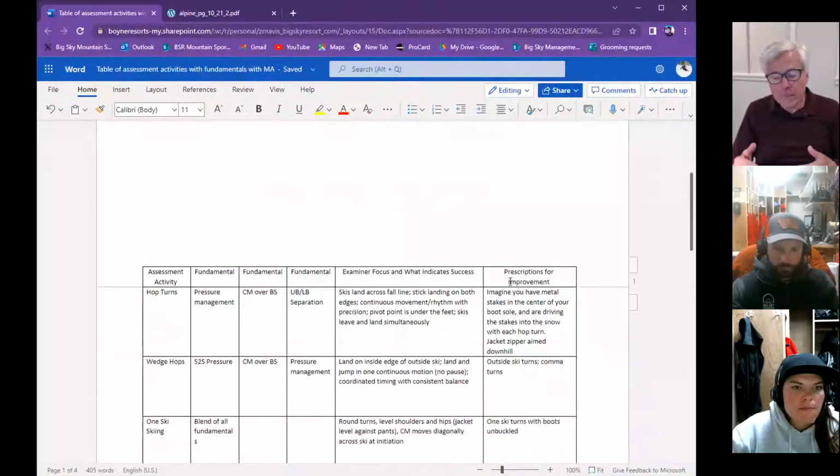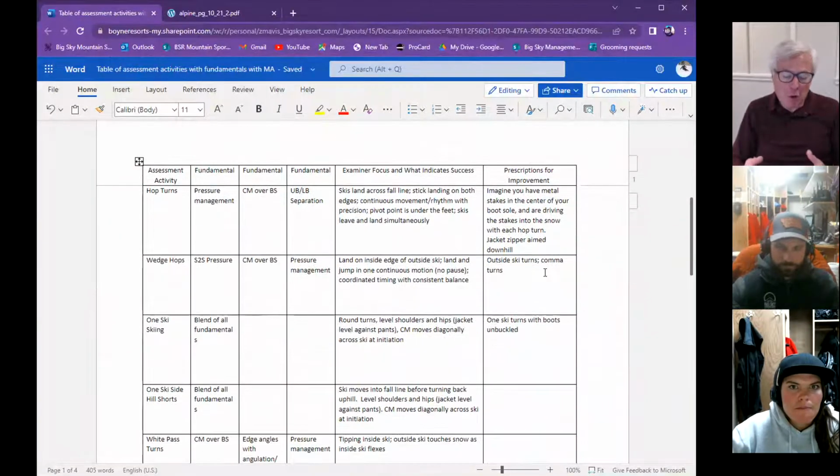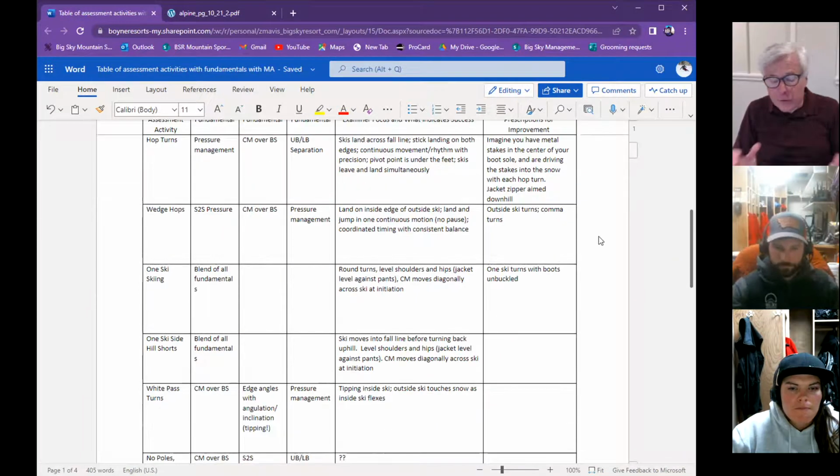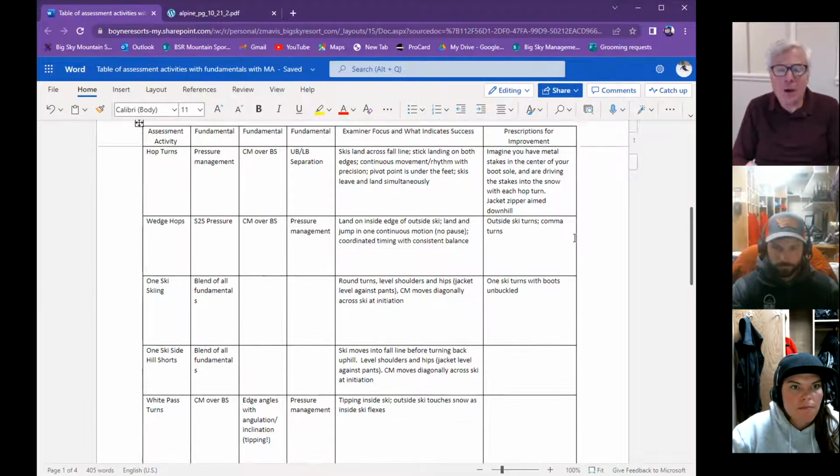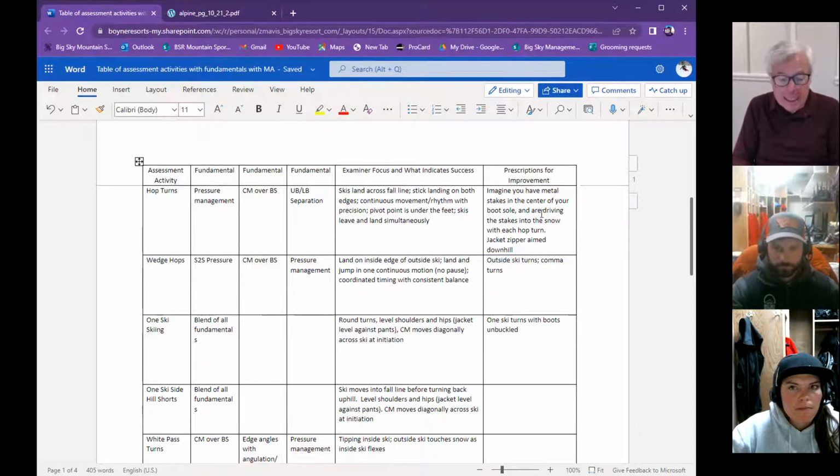So all I have done here, and I think what would be great if we can just kind of walk through, is I created a grid which has each one of the assessment activities listed, and then three of the fundamentals that I think are most involved and highlighted in this particular assessment activity. And then what I think an examiner would be looking for, what I would be looking for, that would indicate success or a lack of success.